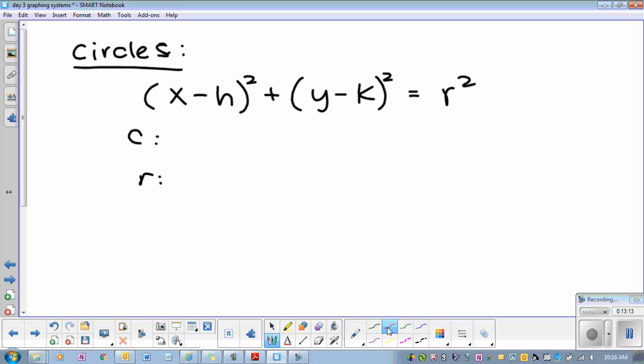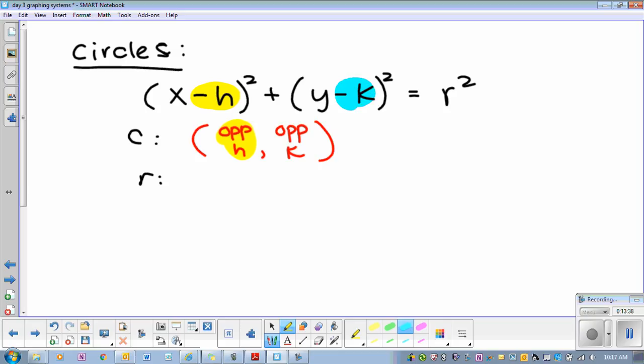So the center, you get the center by looking at the number that's being added or subtracted with the x. Give me the opposite. That gives me the x part of your center, okay? And then you want to look at the number that's being added or subtracted with the y.